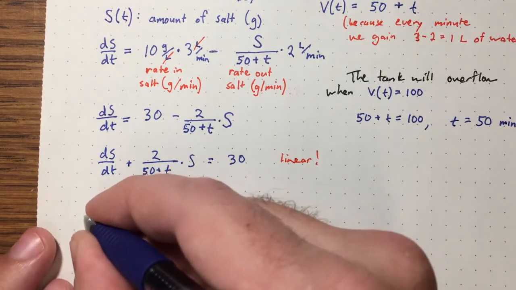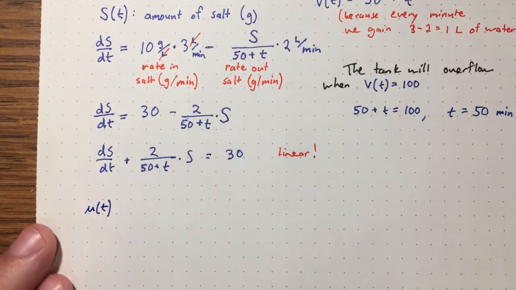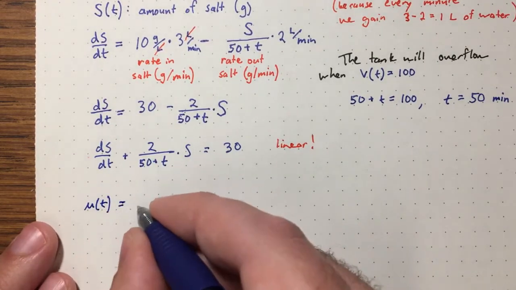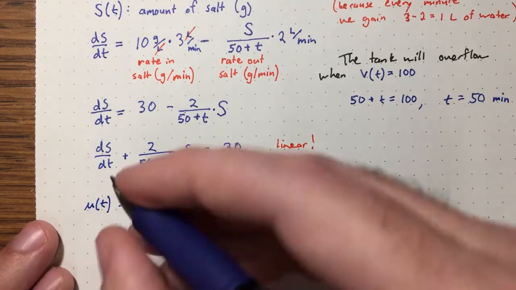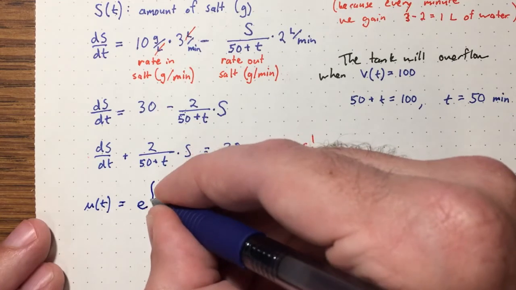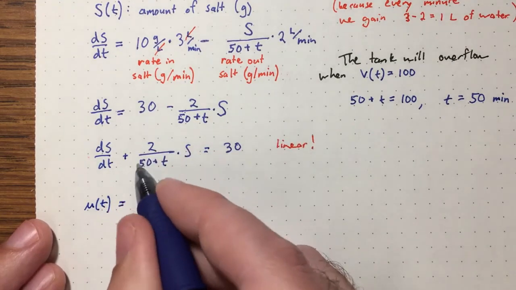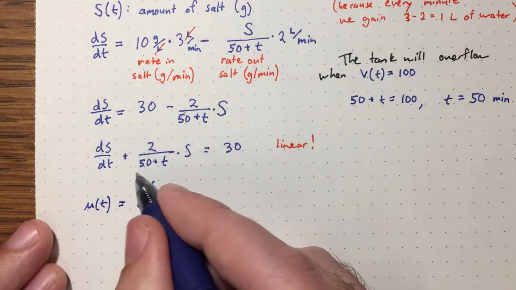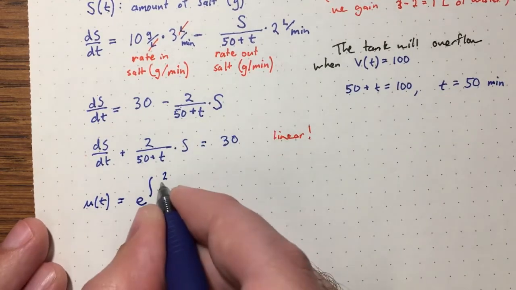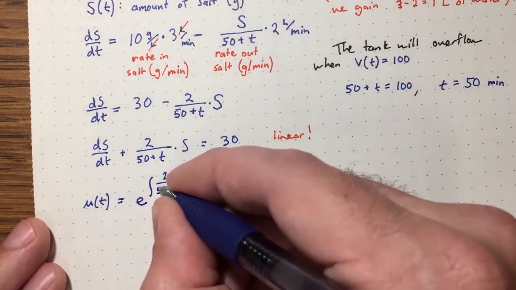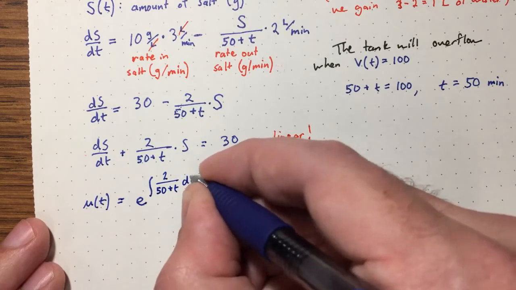If you recall how we did that, call that mu of t. We derived a formula last lecture for the integrating factor, which is e to the power of an antiderivative of whatever this function is that's being multiplied by the S. We called that p of t in the last lecture. So the integral of 2 over 50 plus t dt.